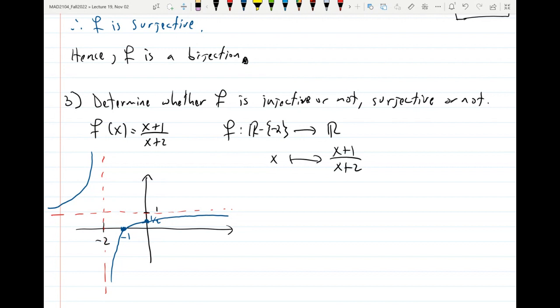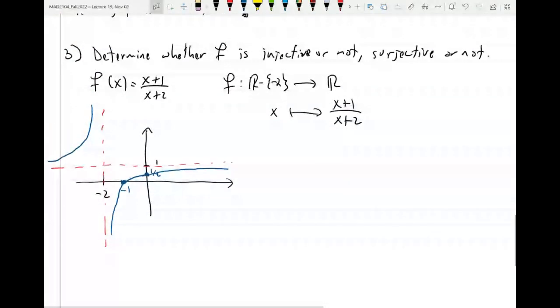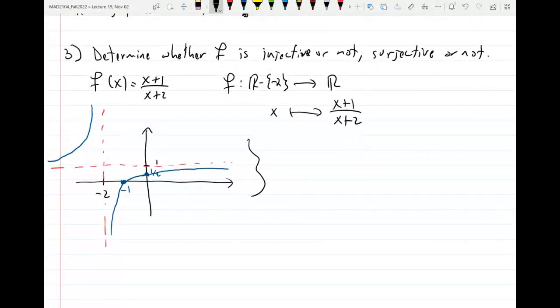Why is it good to know beforehand? Because if the answer is yes, you need to provide a proof. But if the answer is no, you know that you need to look for a counterexample. So it's good to know whether the answer will be yes or no. Just by looking at this picture, it tells me f is injective. I'm going to say here horizontal line test.